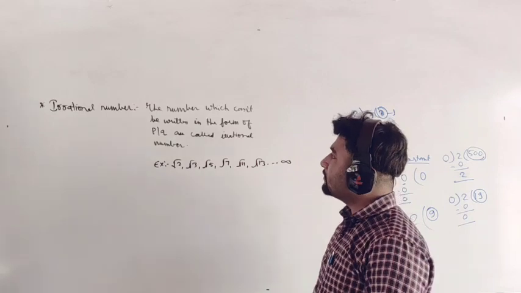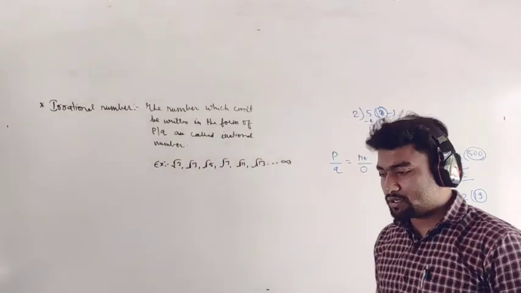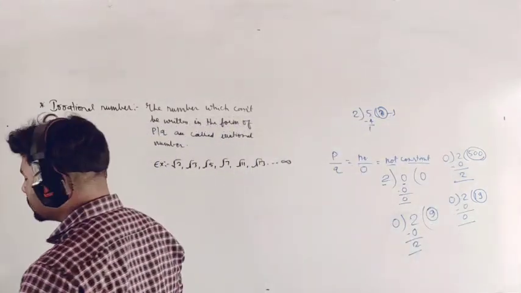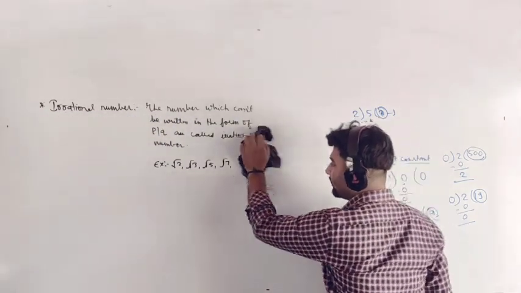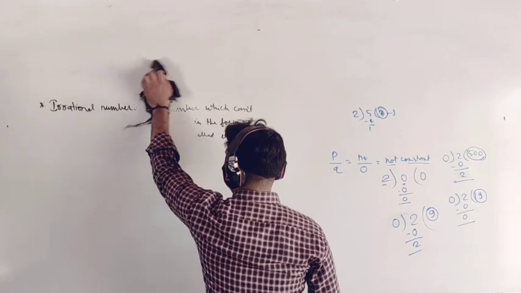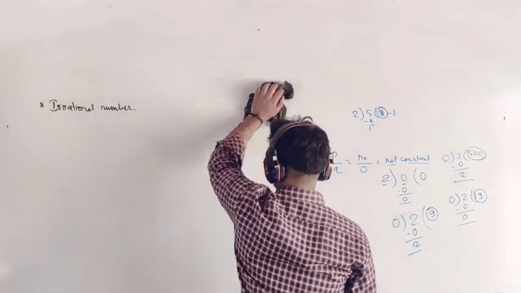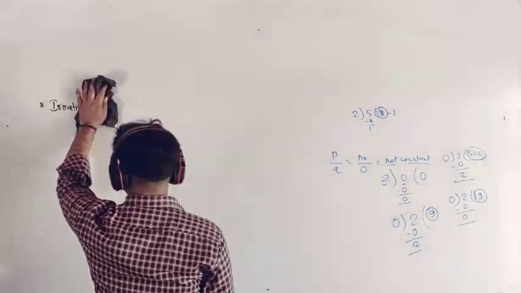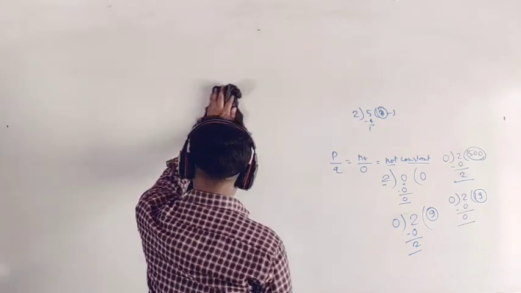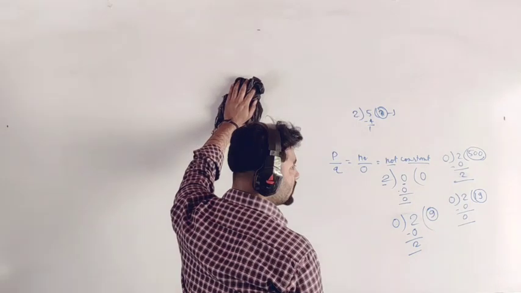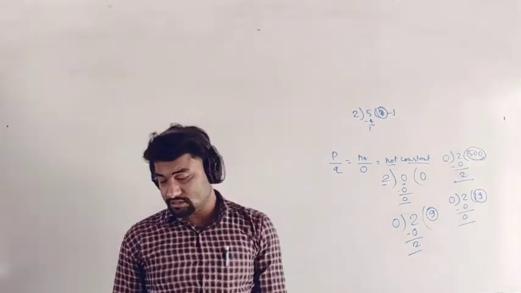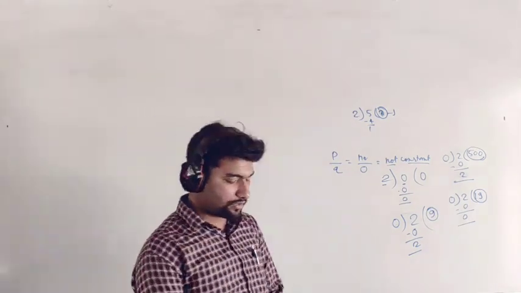So irrational number is now cleared. So we are now talking about real numbers. What exactly is a real number? In the previous classes we studied that when rational and irrational numbers are included together, the numbers formed are said to be real numbers.